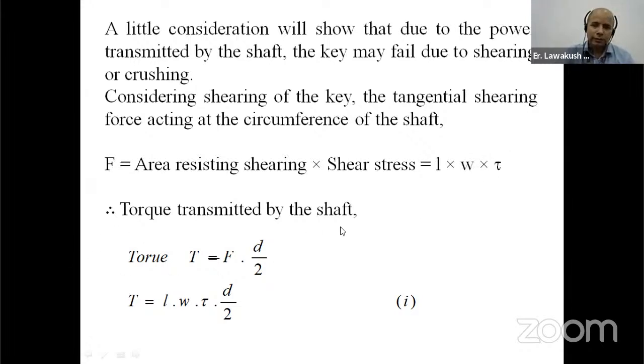Therefore, torque transmitted by the shaft, capital T, equals F into d by 2. When we put the value of capital F as l into w into tau, we finally get capital T equals l into w into tau into d by 2. We will take it as equation number 1.